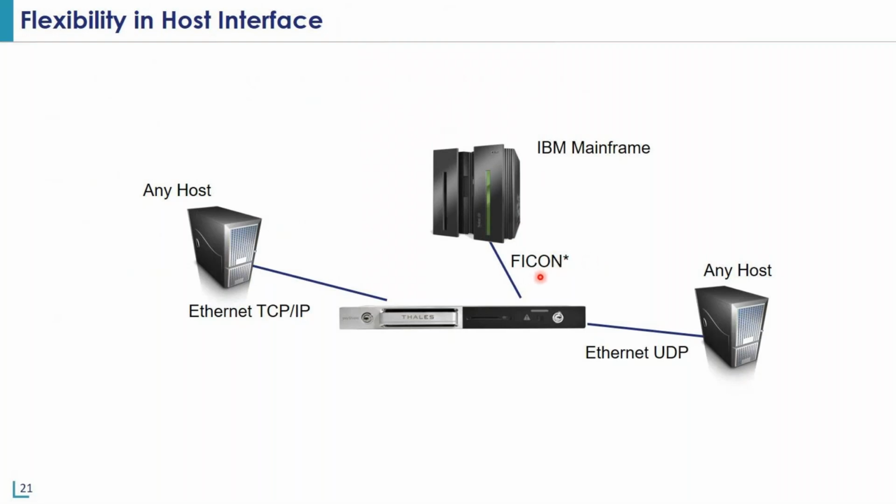So the hardware which you will receive will be either TCP UDP or FICON. So a separate model, separate hardware is required if you have an IBM mainframe which is hosting your payment applications. So you have to make this decision before purchasing it.